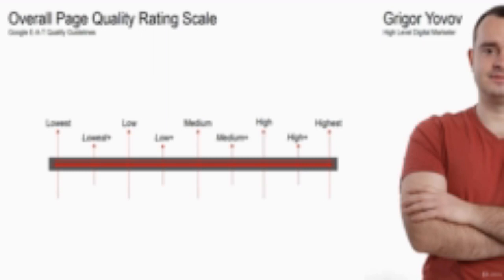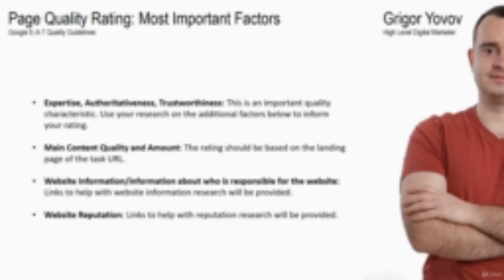In order to receive one of these grades for your website or the specific page that is triggered by searching in Google, Google will evaluate your website and the page according to its expertise, authoritativeness, trustworthiness, according to its main content quality and amount, and website information about who is responsible for the website, and information about who is responsible for the content of the website.